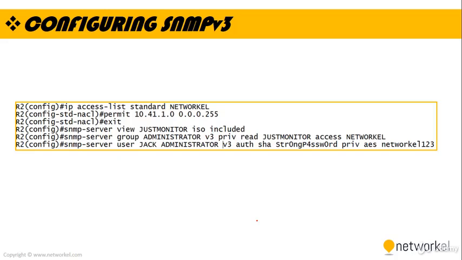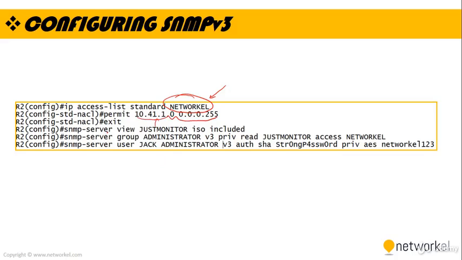And to configure SNMP version 3, what we are doing is just defining an access list in here. As you can see, ip access-list standard and the access list name, and we are defining the IP address that we are going to permit.